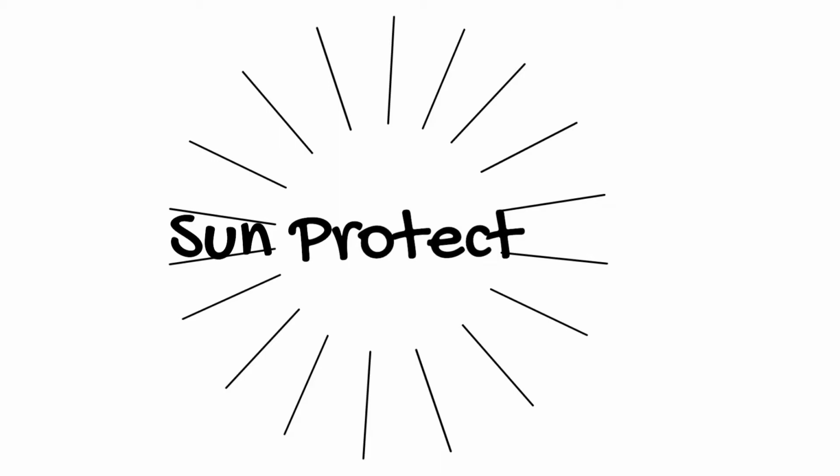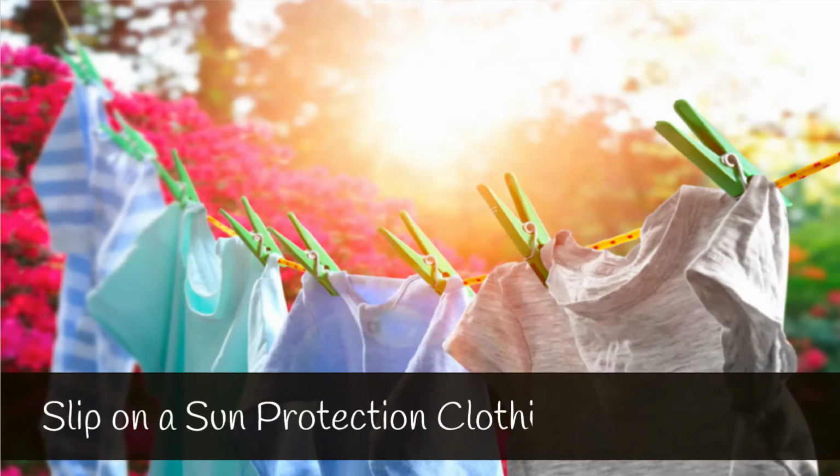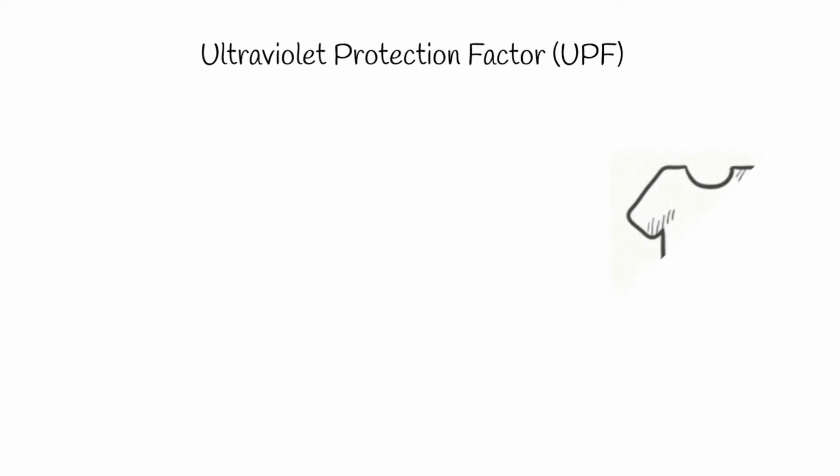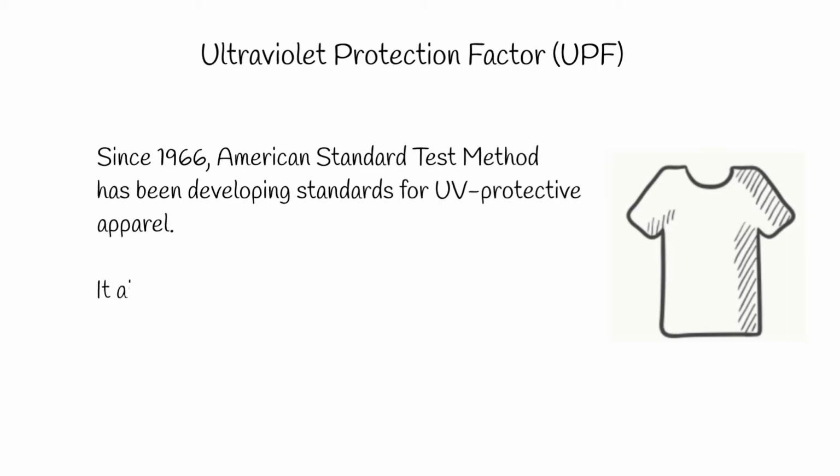In this section, we will talk about sun protection. Sun protection clothing and the ultraviolet protection factor, UPF. Since 1966, the American Standard Test Method has been developing standards for UV protective apparel.